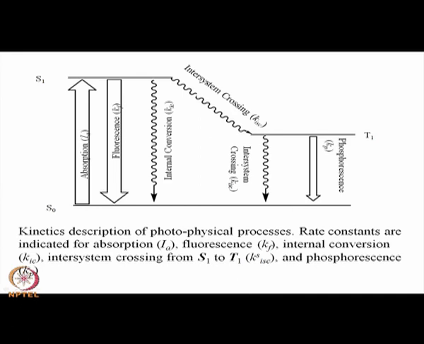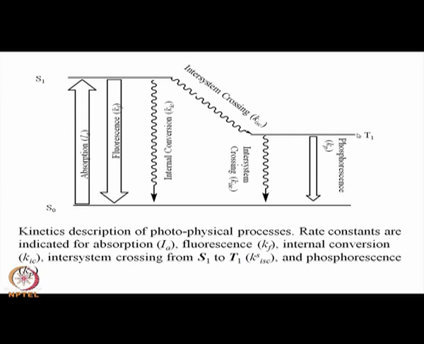A spin forbidden process means the system will tend to stay in that particular state for a longer period of time. That means its lifetime is expected to be more.